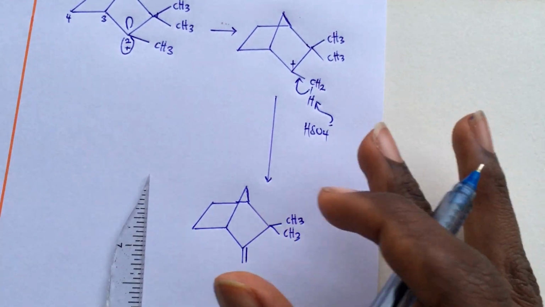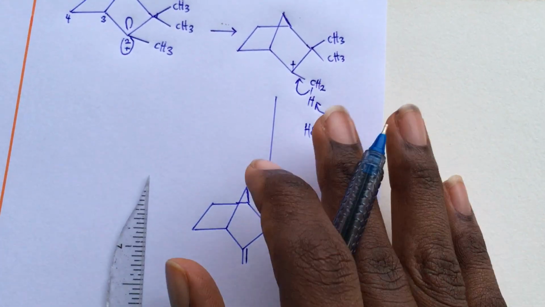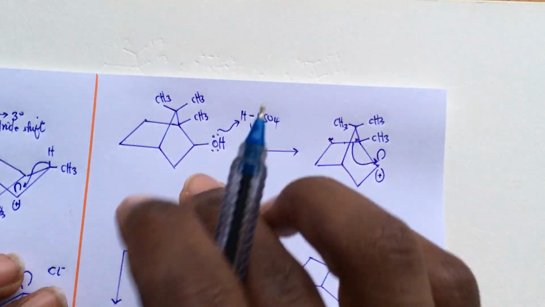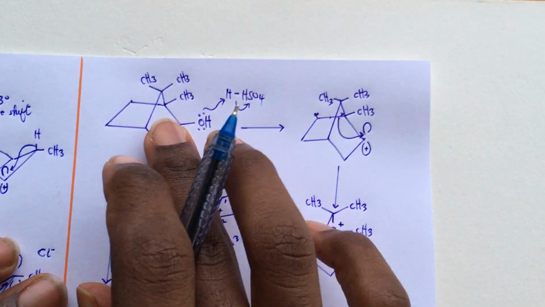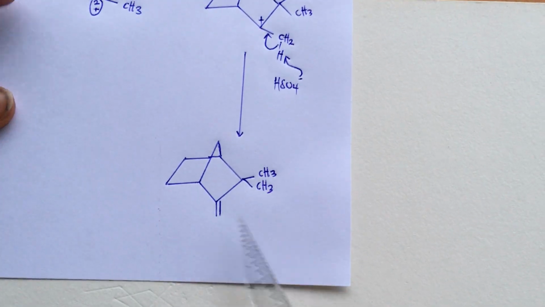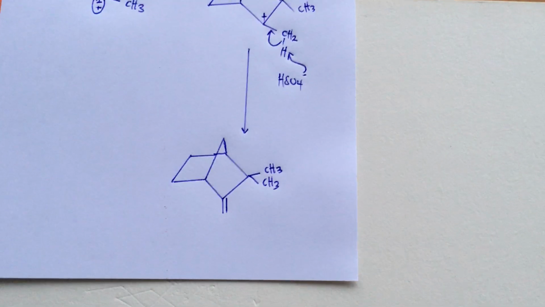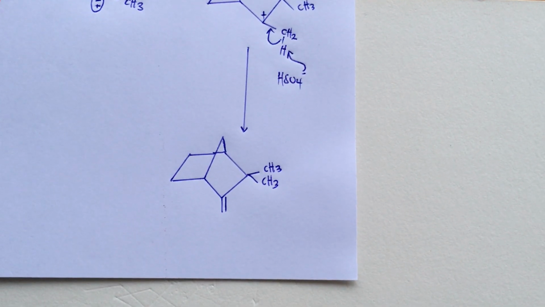So you see, that will give us the main compound that we are expecting. So now we have moved from this particular compound, in the presence of concentrated H2SO4, from this compound, which is an alcohol, all the way to this alkene. Alright, so that brings us to the end of the reactions under the Wagner reagents.